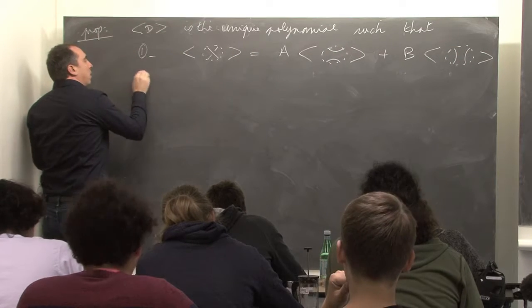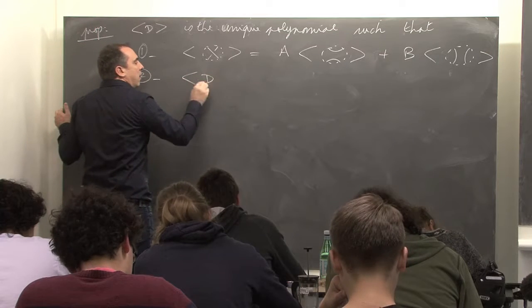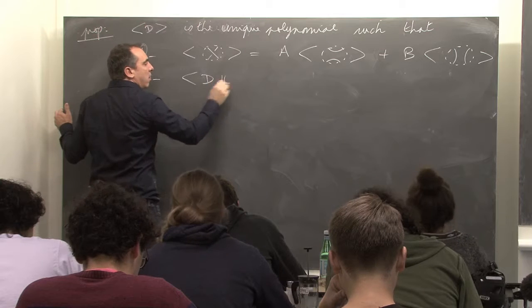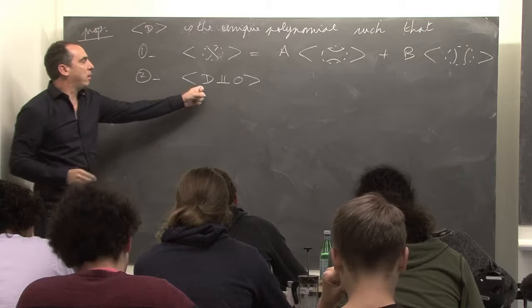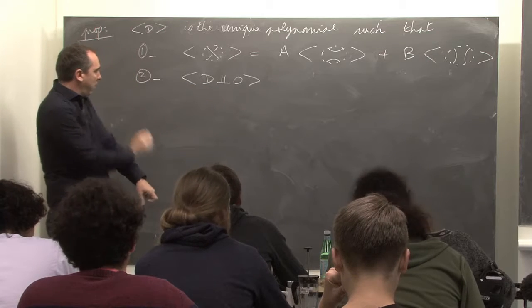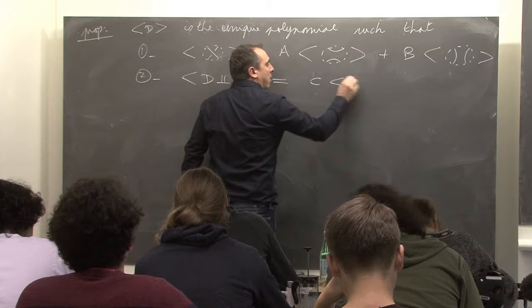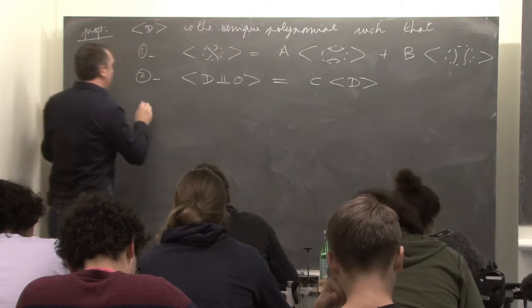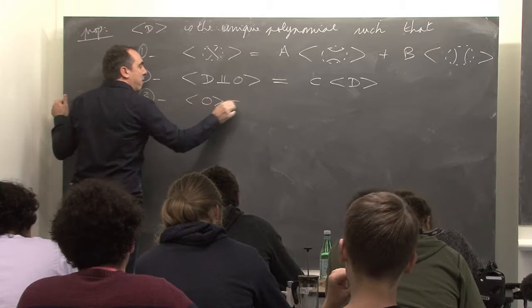Second, if I consider a diagram D with a disjoint circle, then you just see it like this, and for the circle the value is 1.